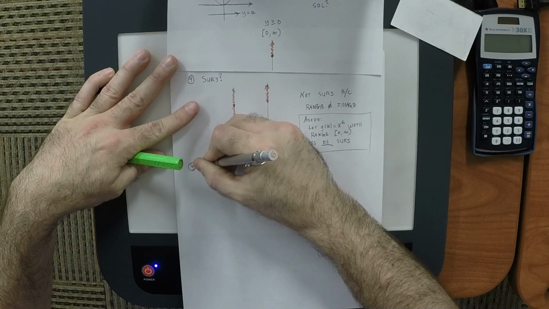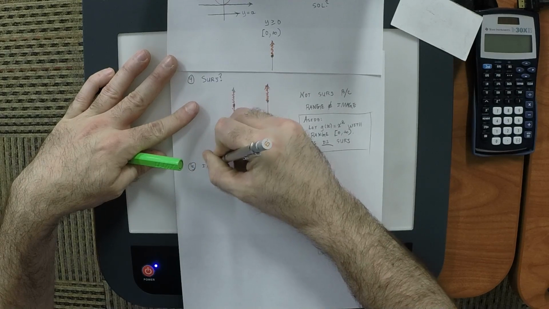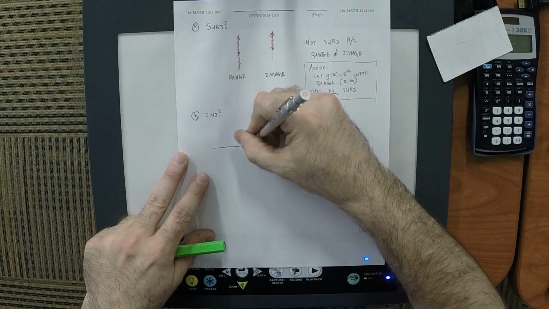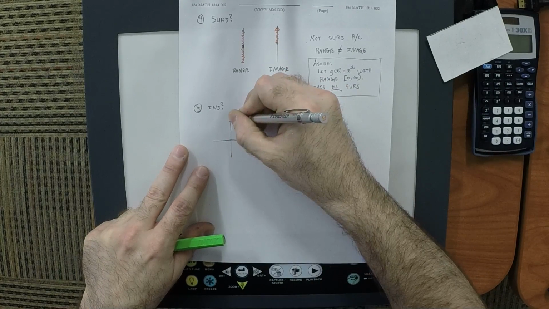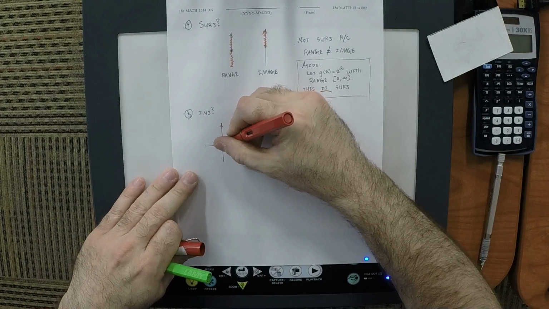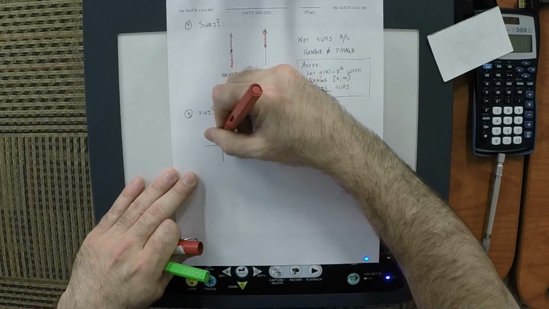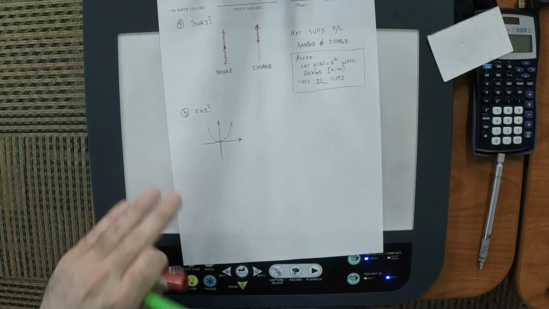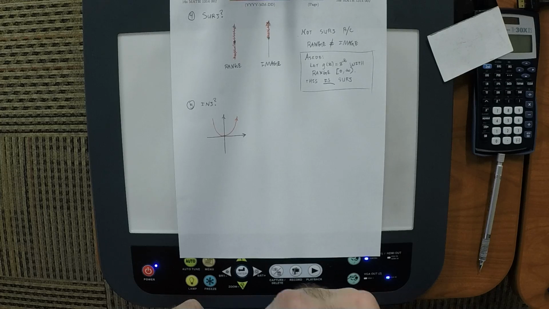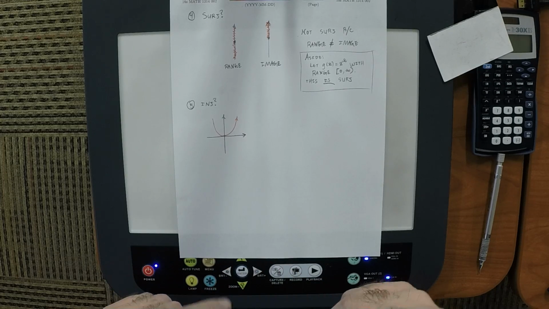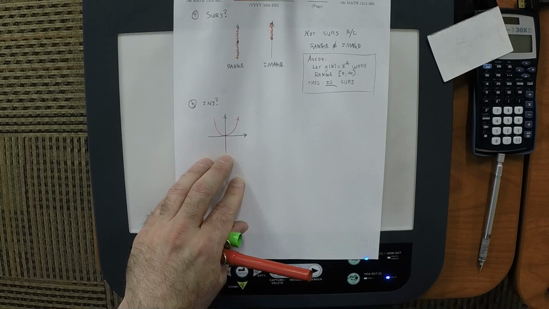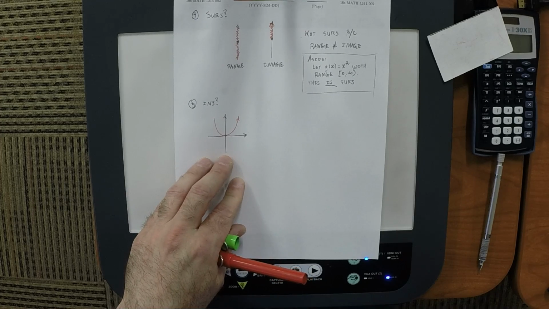5. Is it injective? The answer is no. The answer is no because, well, visually, if you draw a plot, then how do you address the question, is it injective? Is there at most one solution?